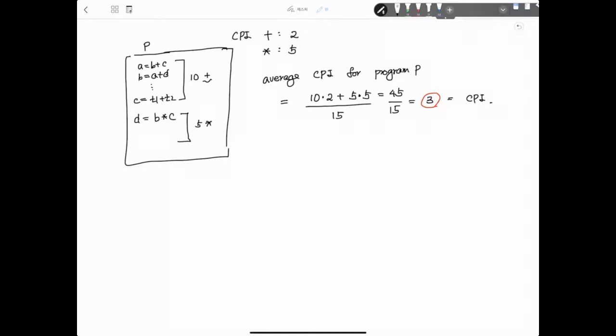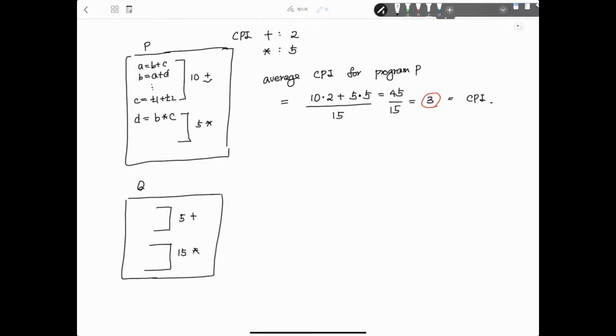If we have another program, like Q, so everything is the same, but the program is different. Here in this case, there are 5 plus operations and 15 multiplications.